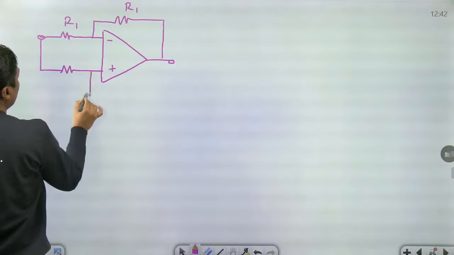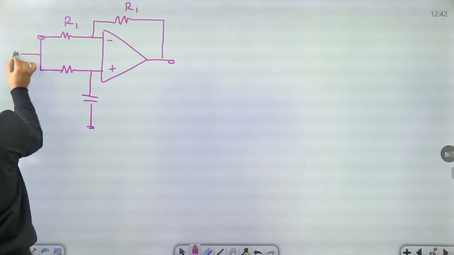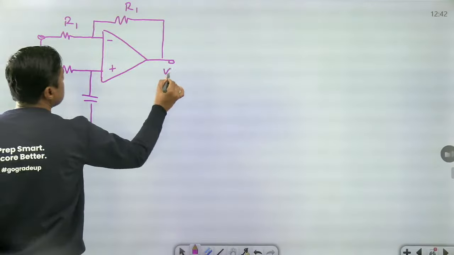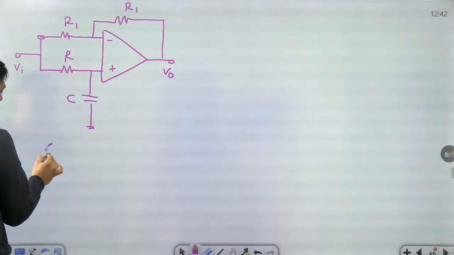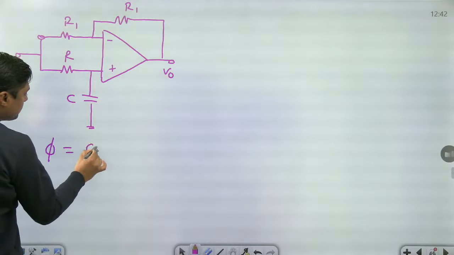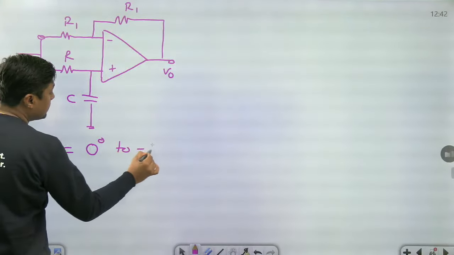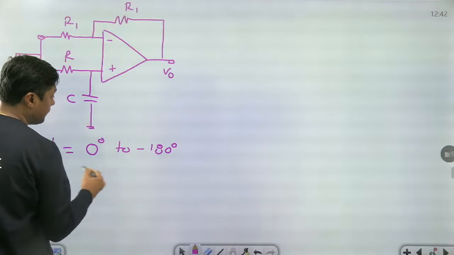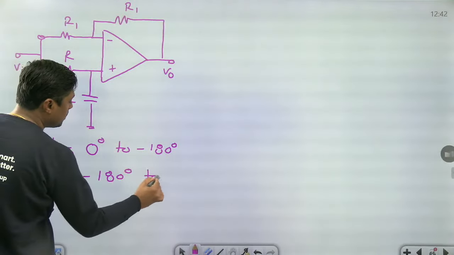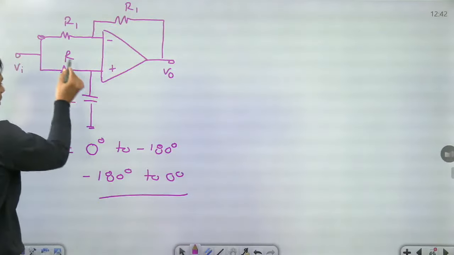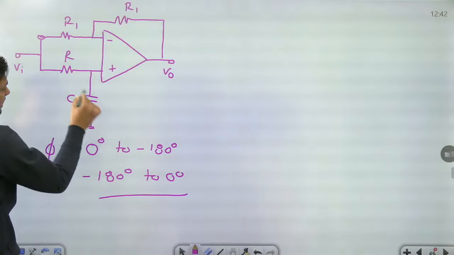If it is like a low pass filter, with R and C, the phase shift is given from 0 to minus 180 degree. Negative phase shift, or we can say minus 180 degree to 0 degree. We can remember this: it is a lagging circuit.